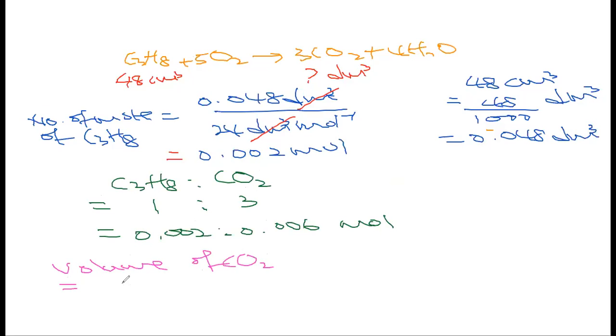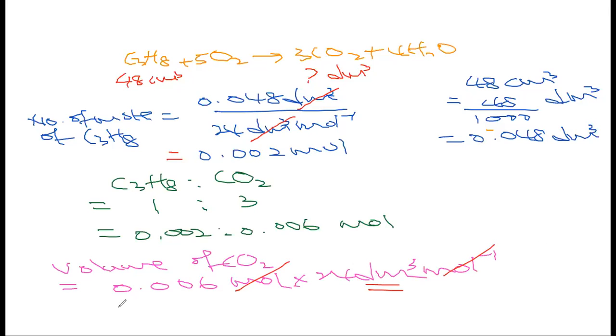Take the number of mole, multiply with the molar volume. Can you see again? The mole and the per mole cancel off and you get your final answer in the unit of decimeter cube.